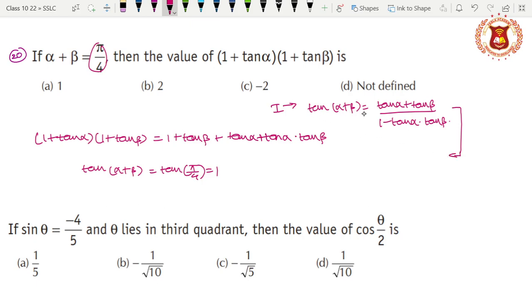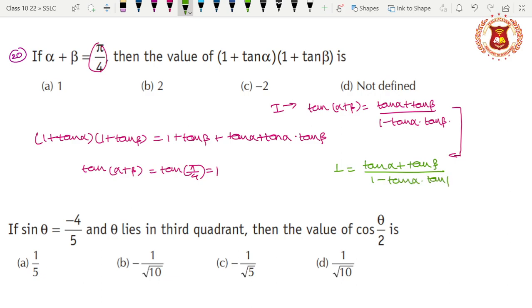Tan of alpha plus beta here is 1, because tan of pi by 4 is 1. So 1 is equal to tan alpha plus tan beta divided by 1 minus tan alpha into tan beta, right?